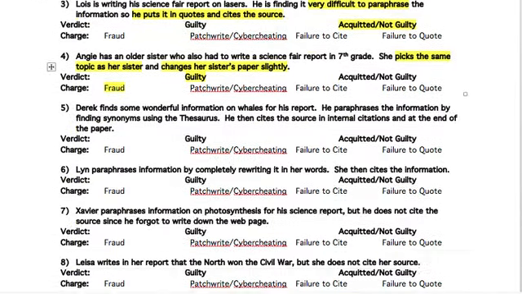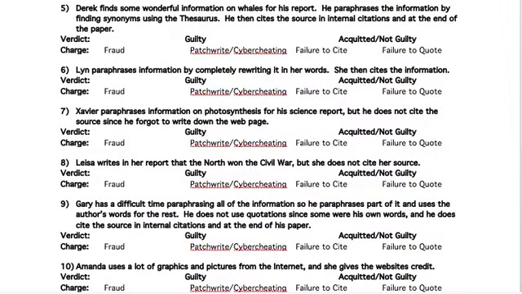So let's go down a little bit further and let's look at Derek. Derek found great research, so he is paraphrasing like he's supposed to, but the way he paraphrases is just rewriting a couple synonyms. So he just changes the words for words he knows. But great job, Derek. You go ahead and you cite your information. He's using internal citations and an MLA paper at the end.